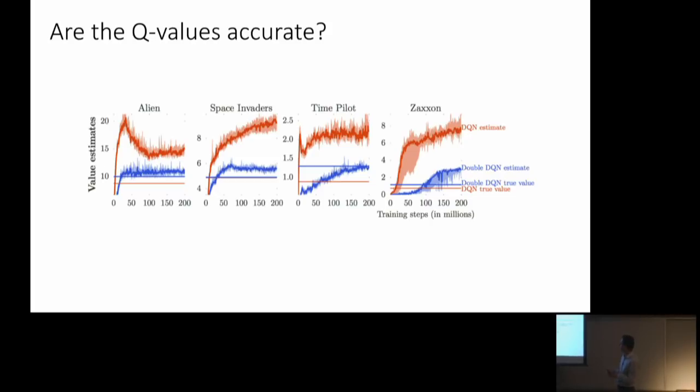So ignore the blue stuff for now, just look at the red stuff. And let me explain to you what the red stuff is showing. The spiky, noisy red curve is showing the estimate of the return from your Q function. This is how good the Q function thinks your policy will be when you run it for a single episode on average. And these are 4 different Atari games. For each of them, except for this one where something weird happened, the expected Q values go up.